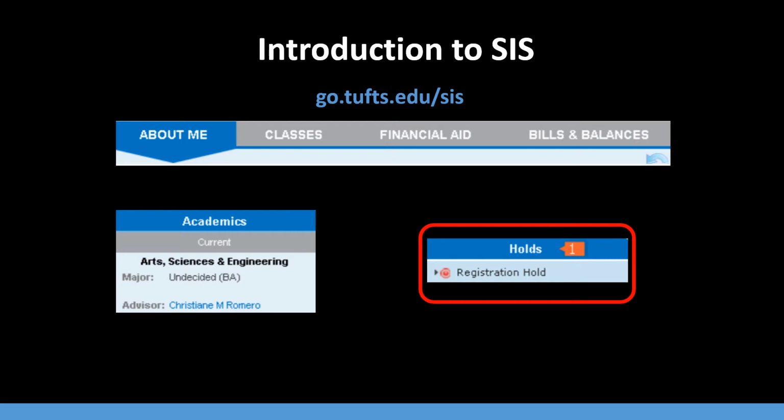You may also have a hold due to an outstanding balance on your account or because you've not submitted your immunization records. You must resolve the outstanding obligations or your holds will not be removed. If you have any holds, you will see an orange box displaying the number of holds. Your advisor will lift your advising hold so you can register for fall classes.